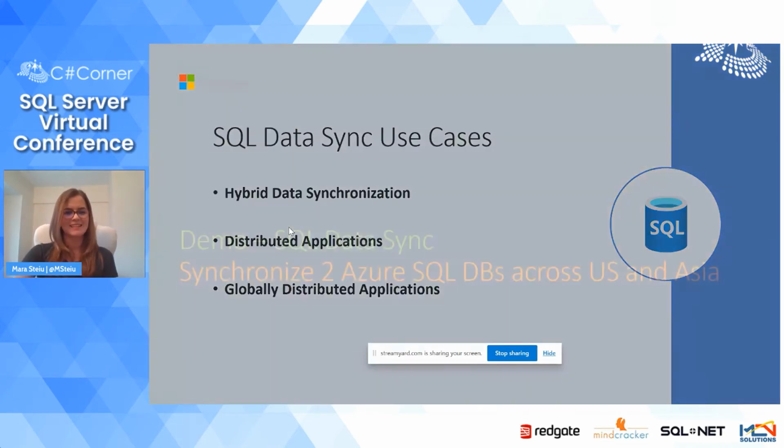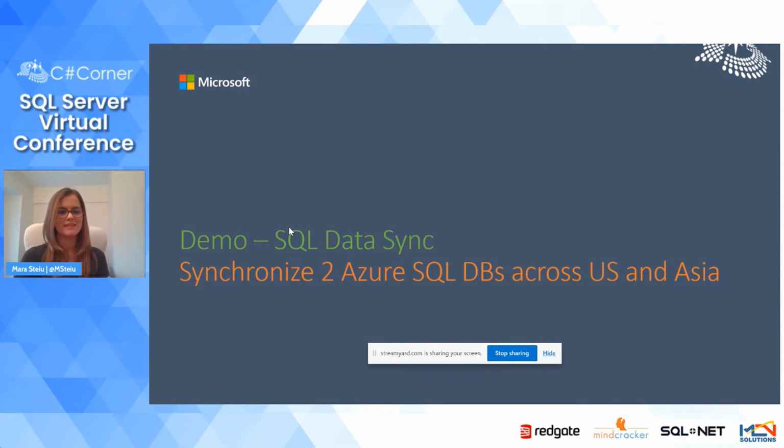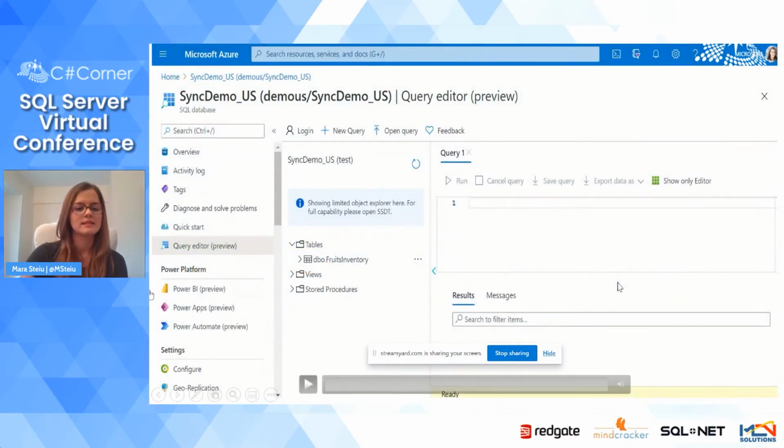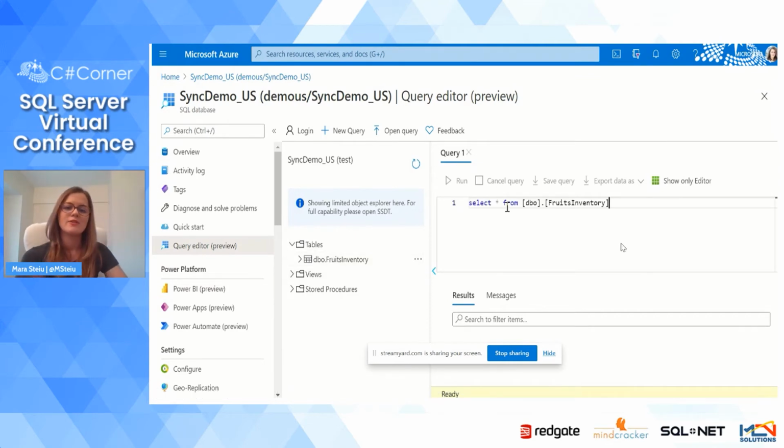Great. So now we're going to do a demo for SQL Data Sync, in which we'll synchronize two Azure SQL databases across US and Asia. Let's see. I'll play this to make sure there are no glitches. Here you can see the hub database. It's a fruit business.